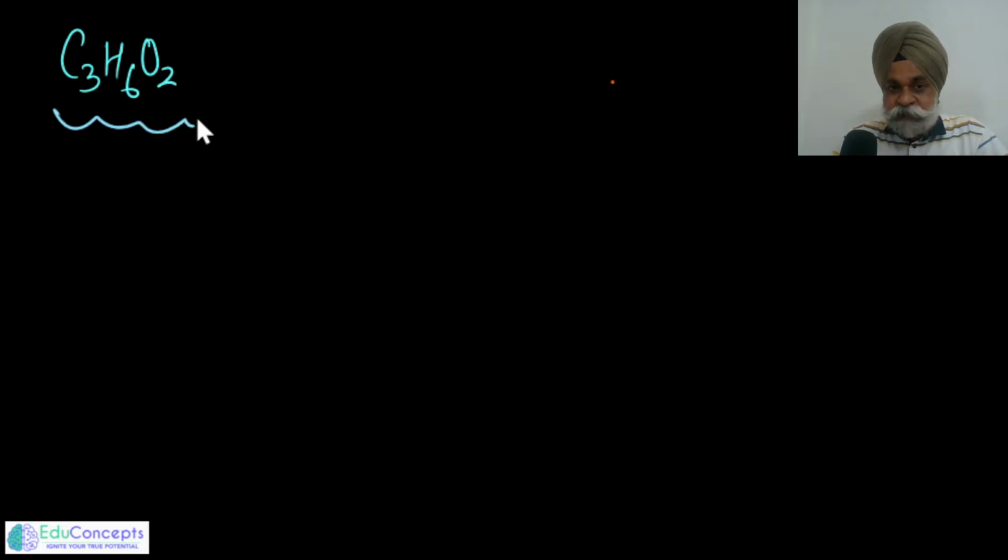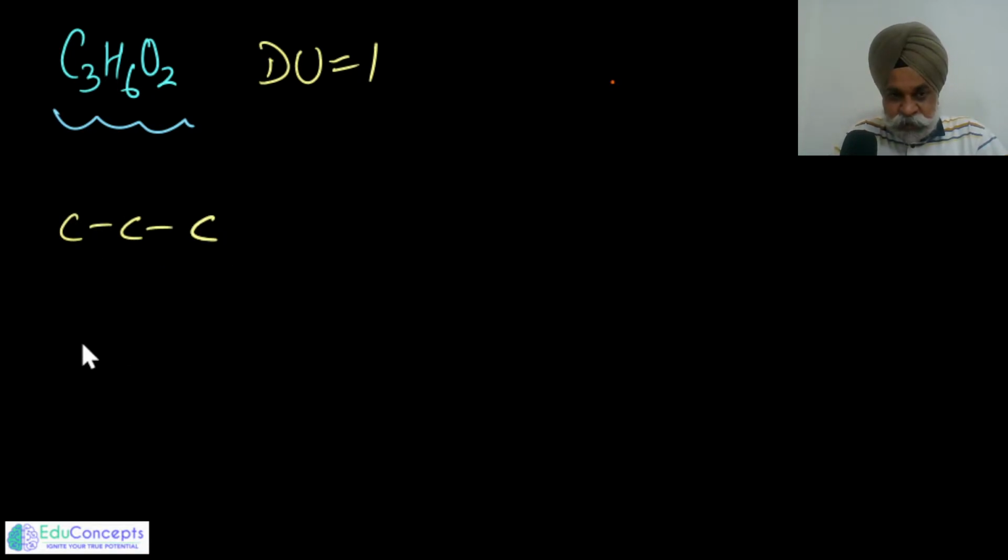Now we have added one more heteroatom as oxygen. If you have placed one more heteroatom as oxygen, here also the Du happens to come out to be 1 only. So there are 2 oxygen atoms. Now what we can do is, I can place it like this.